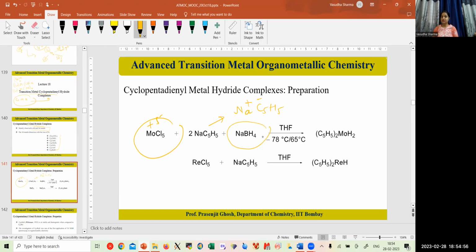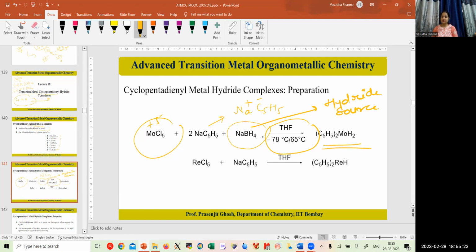Also, we have a reducing agent, NaBH4, which will provide the hydride. So this is actually acting as a hydride source over here. Treating certain chlorides or metal halides with sodium borohydride or C5H5, these reducing agents, we need to maintain certain temperatures.